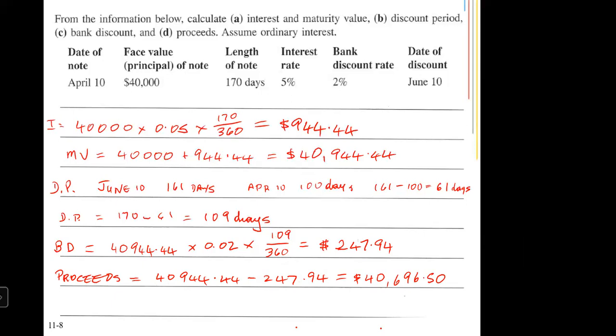But we do have some situations where companies do promissory notes and take them to the bank, but it's not as common as it used to be. So that would be the procedure used there.